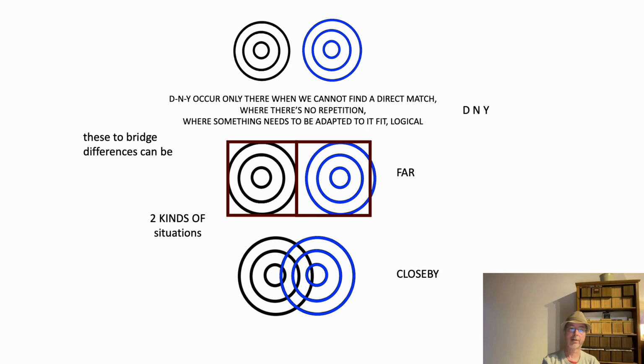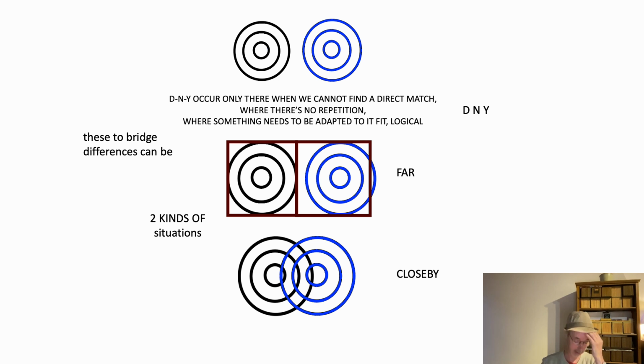So these 3 letters, D, N, and Y, only appear where the match is not immediately found. There will be no repetition, there will be no direct match, an adaptation is needed, and it will find a logic for how to fit it.